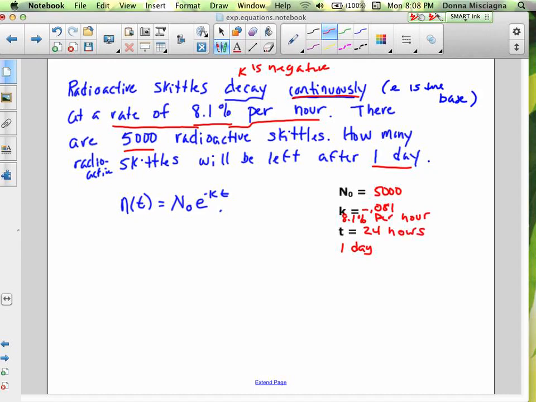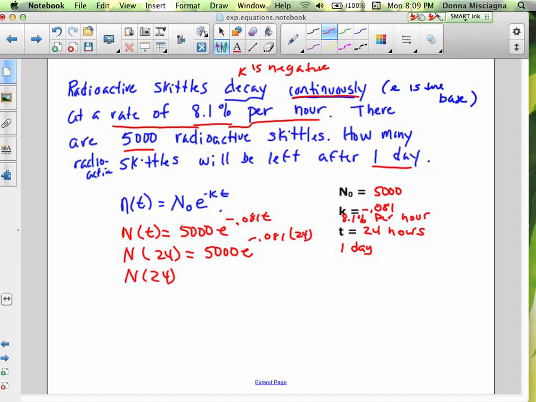All right, so the amount after any time is going to be 5,000 times e to the negative 0.081 t power. We want to know specifically for 24 hours. And because our k is negative, and this is decay, we're going to have a smaller number.